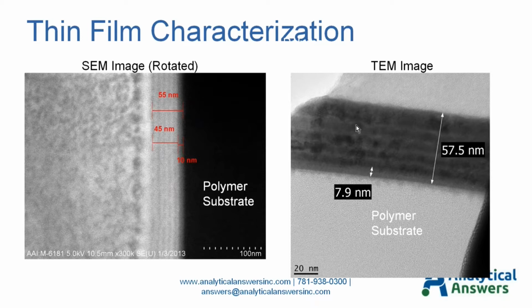If we go into the TEM, then we obviously see these layers in higher magnification. We can start to pick up some diffraction contrast that indicates crystallinity within the metal subfilms, as well as this boundary film.